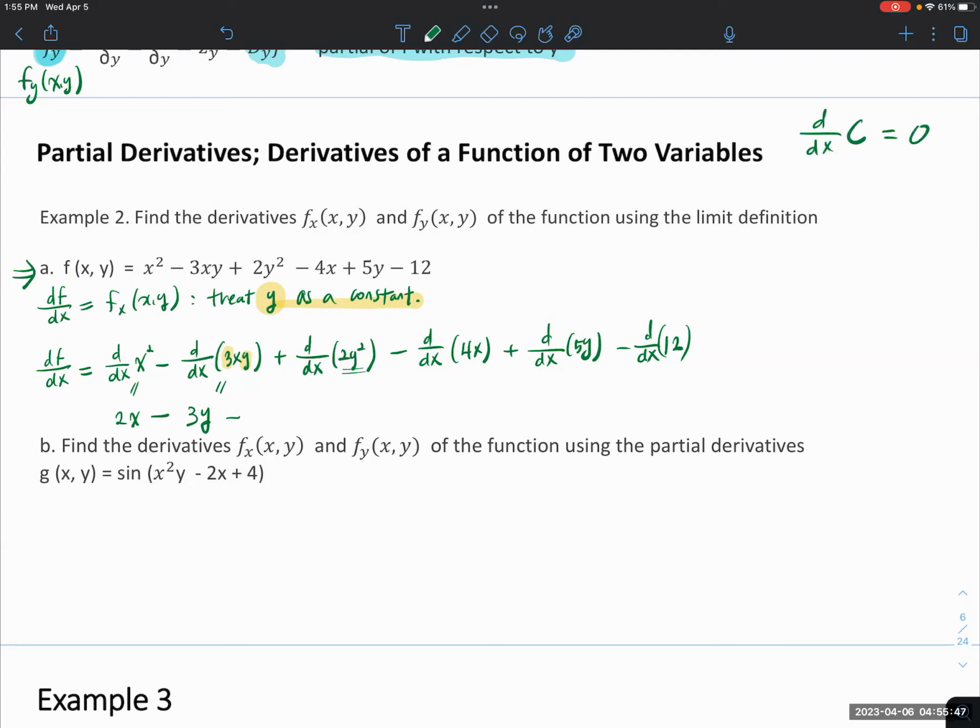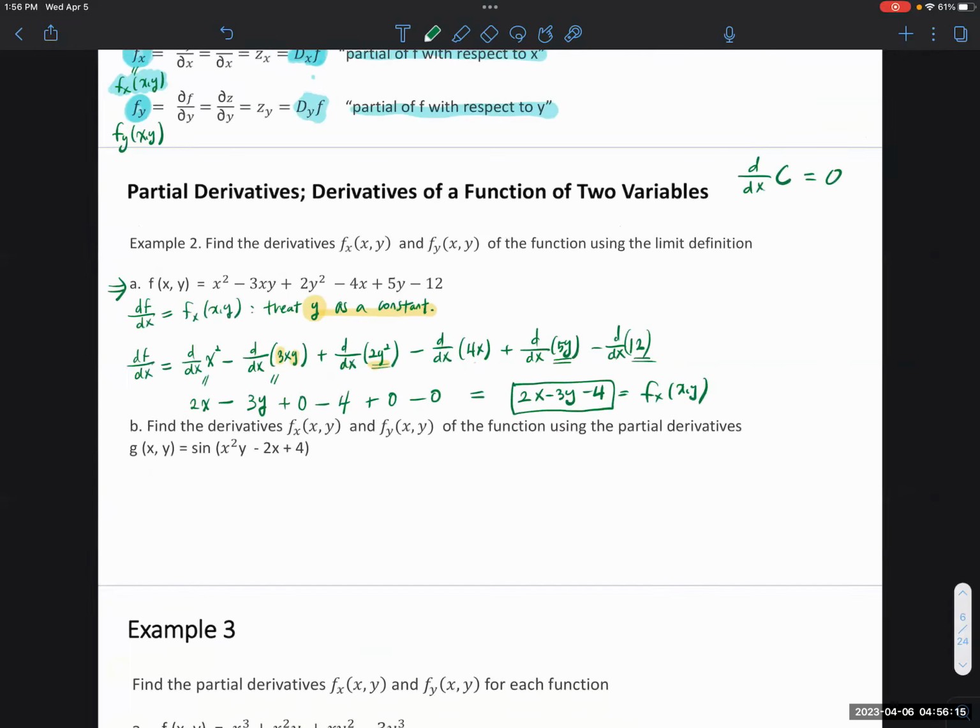So it's going to be plus 0. Now this is going to be -4. And again, this is a constant, 0, and this is a constant, 0. So what happened? 2x minus 3y minus 4. That's what we got when we took the partial derivative. This is equal to f sub x, x comma y.